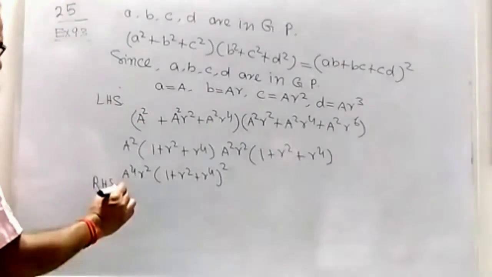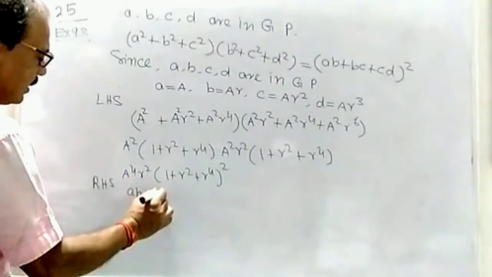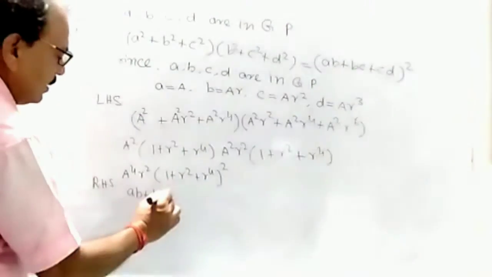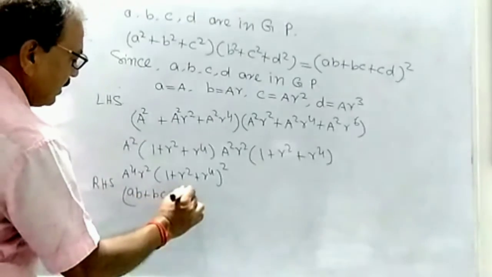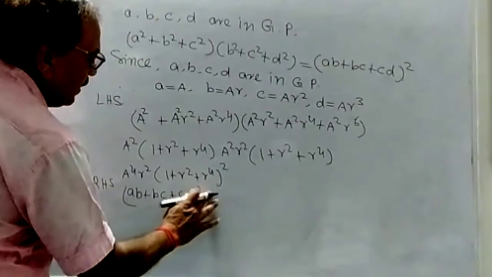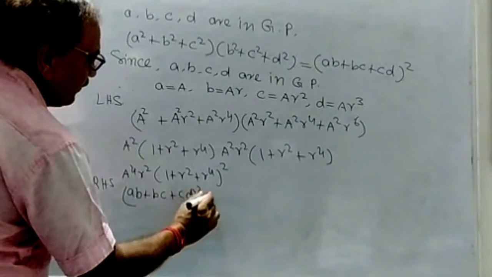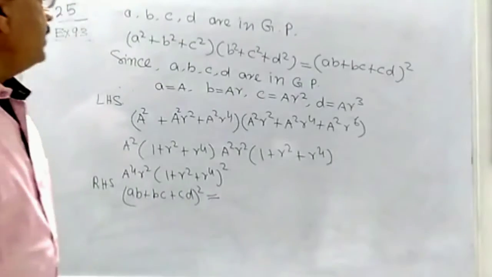Write the value in the right hand side: (AB plus BC plus CD) whole square. Write the values of a and b.